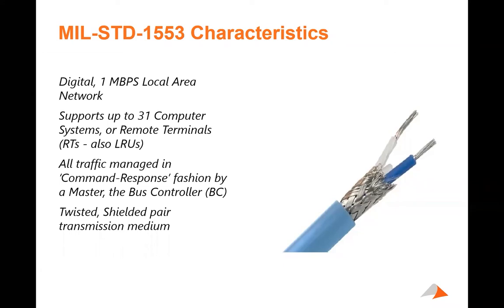And so this is one of the few robust networks that has no electronics outside of the LRU, active electronics, I should say. All traffic is managed, as I said, as the command response by the master, which is the bus controller. So just to be clear, nothing happens on 1553 unless the bus controller tells it to happen. And so that's kind of clear.